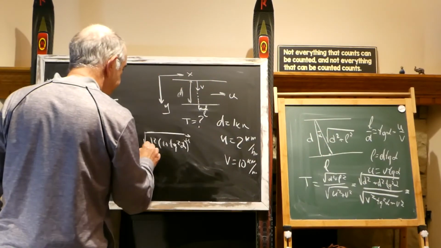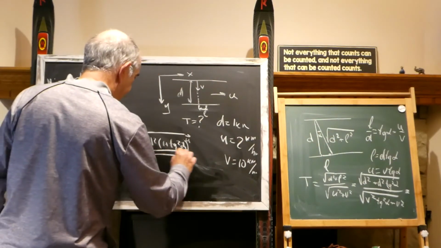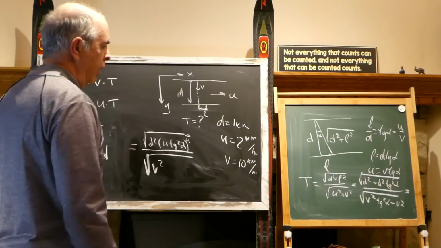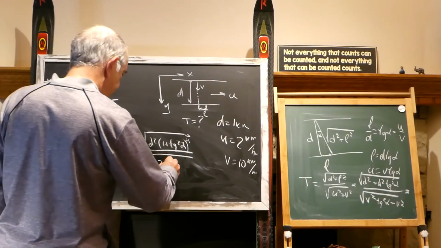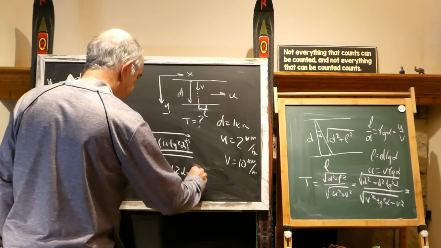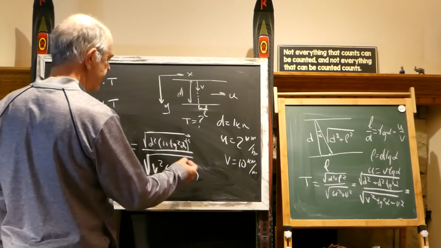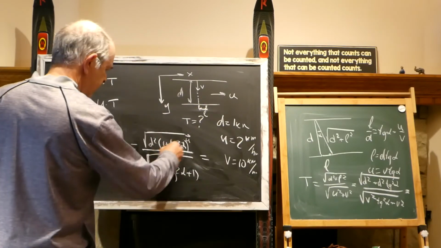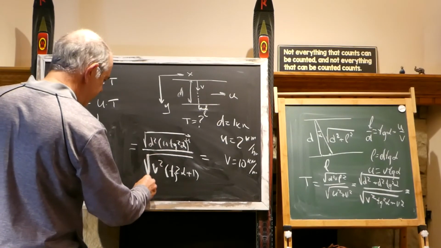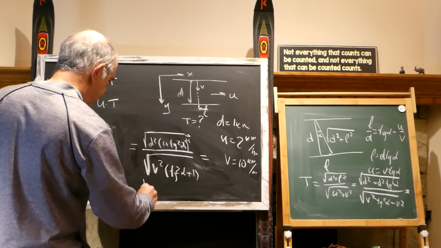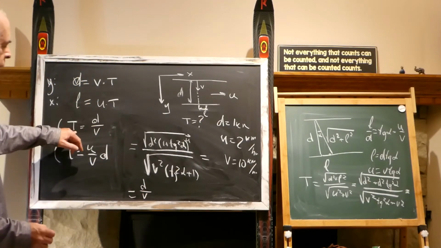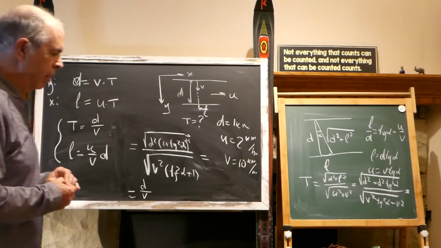And on the bottom, I do the same thing, but I factor out v squared, and I receive tangent squared alpha plus 1, which is essentially the same as this. So those go away, and what I'm left with is the square root of d squared, which is d, and the square root of v squared, which is v, and I receive time, which is exactly like this, d over v.